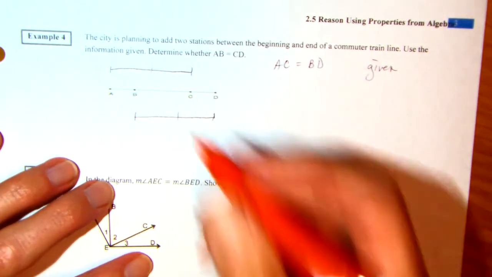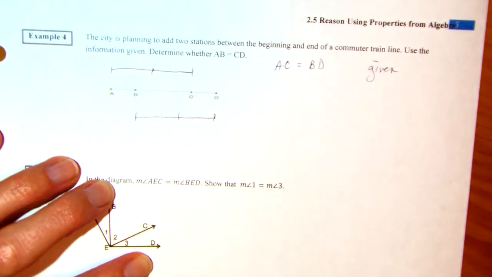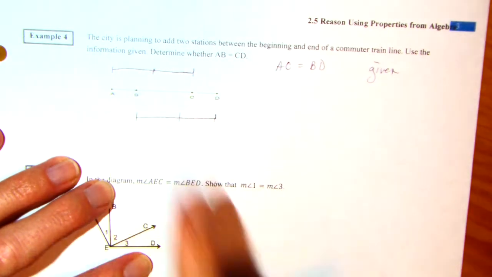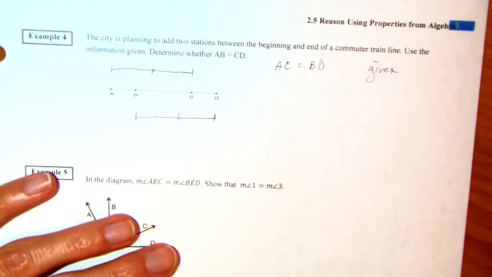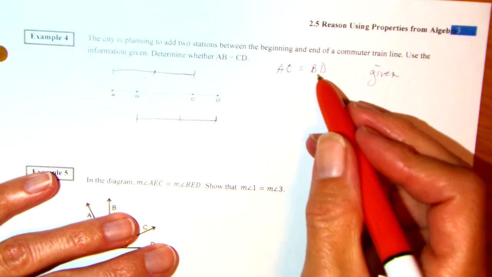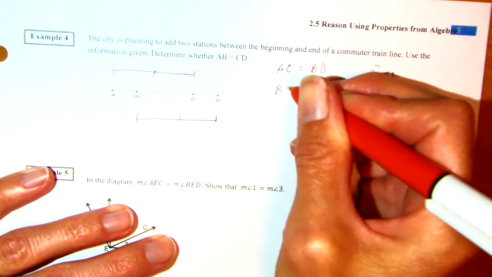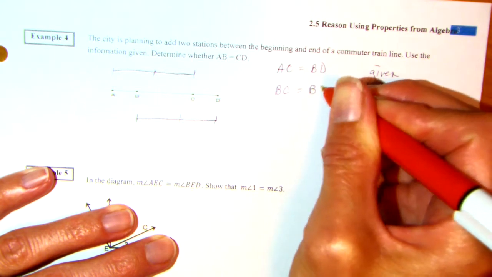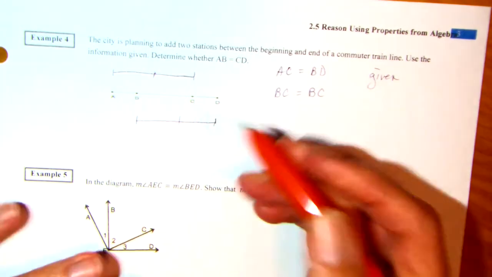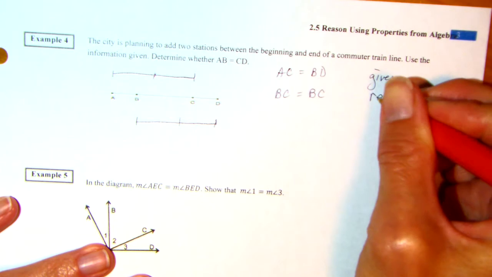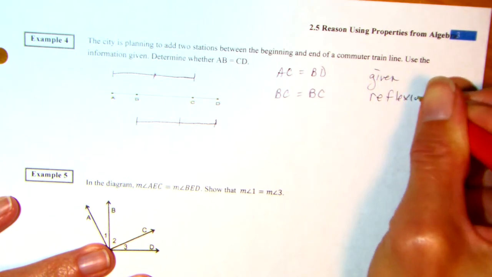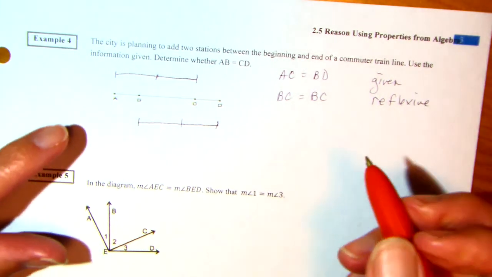Remember the reason why there's a little line here, we're not cutting it in half, we're just saying that that segment is congruent to that one. Okay, well, AC is equal to BD, and we do know that BC is equal to BC, right? This segment is equal to itself. That's reflexive. Let me show you why that's going to come in handy. This is it.